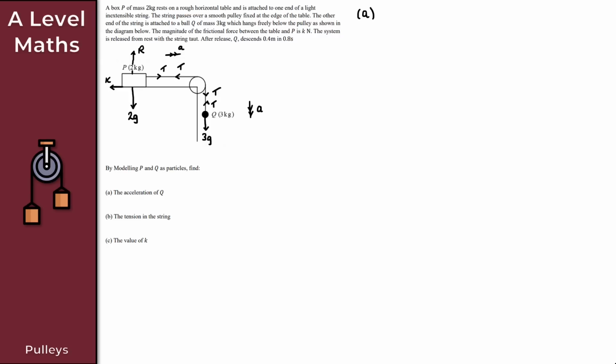For the first part of this question, part A, as we've just mentioned, we want to find the acceleration of Q. To find the acceleration of Q, all we need to do is use the trusty old SUVAT equations. Using SUVAT here, what do we know?